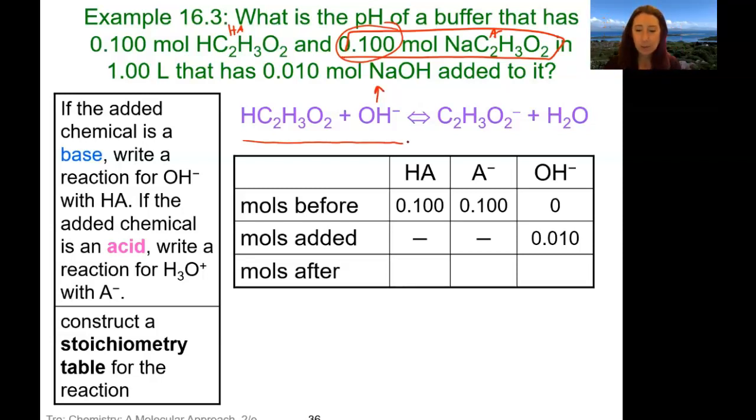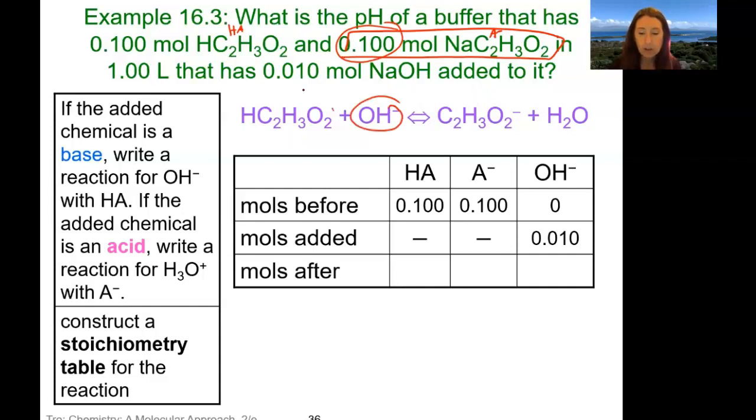Okay, so if we add, remember our buckets? So this is one bucket and this is another bucket. If we have 2 buckets and this one overflows, it wants to go over here to keep them even. So this is going to shift towards the products. So therefore, this is going to decrease and this is going to increase. Because this OH, so what's going to happen?